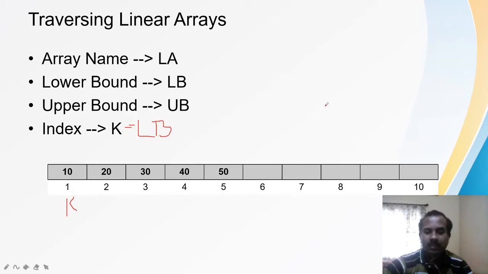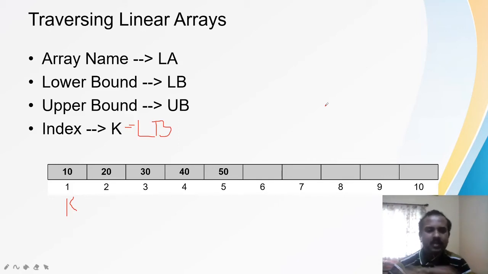What do you mean by traversing? Traversing means you have to visit or you have to process all the elements in the array. But when I am saying process, you are not mentioning what you are going to do, right? As I already mentioned, you can assess the data, you can input the data, you can do anything. Okay.